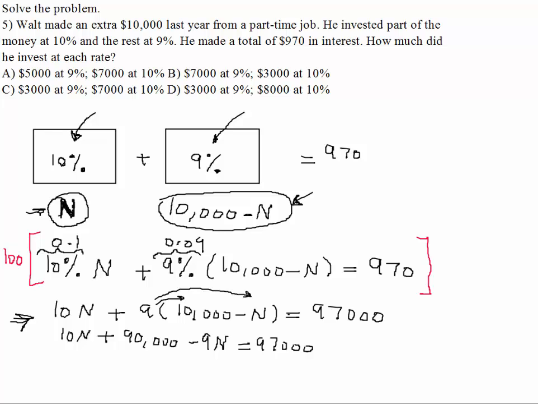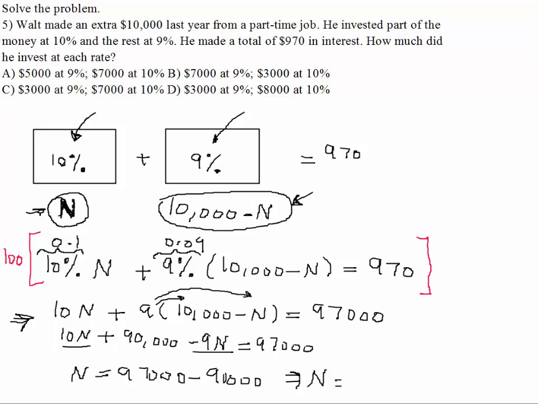So you have 10n minus 9n over here. You have 10n minus 9n, and that would be equal to n. And then if I go ahead and subtract 90,000 from both sides of the equation, so what is n equal to, anybody?